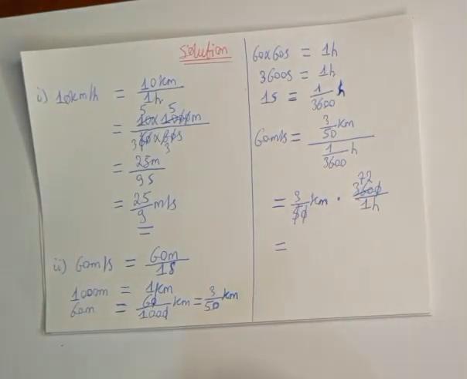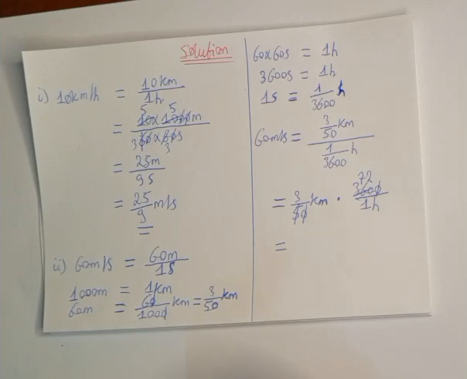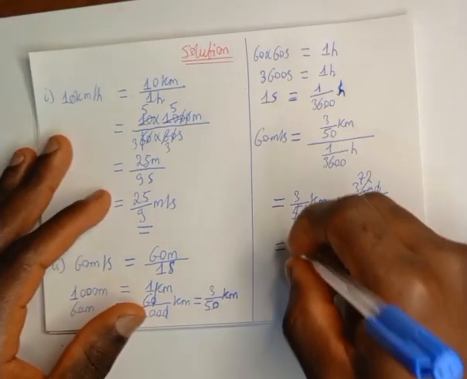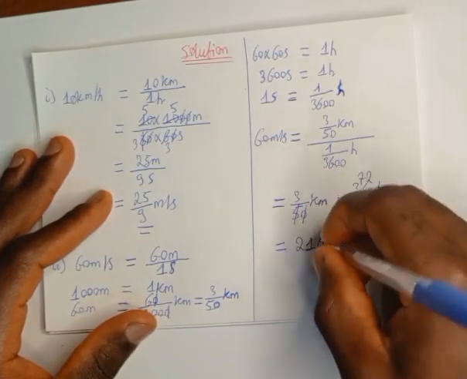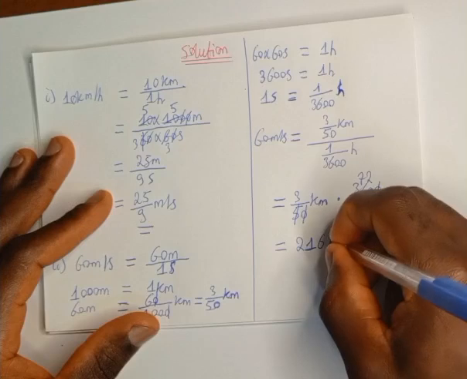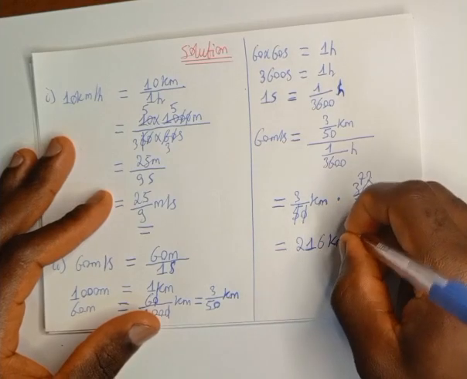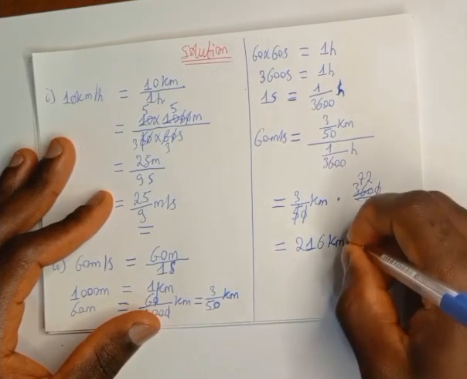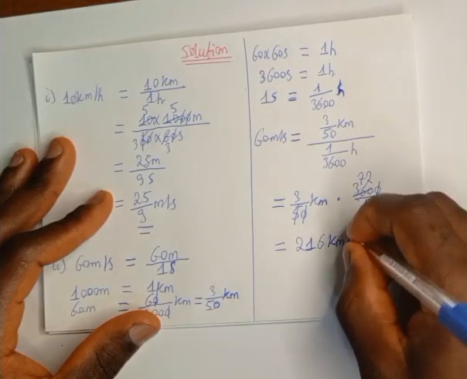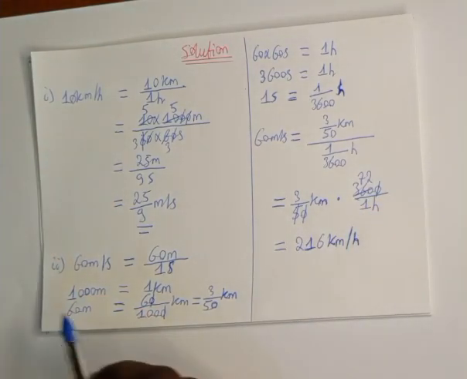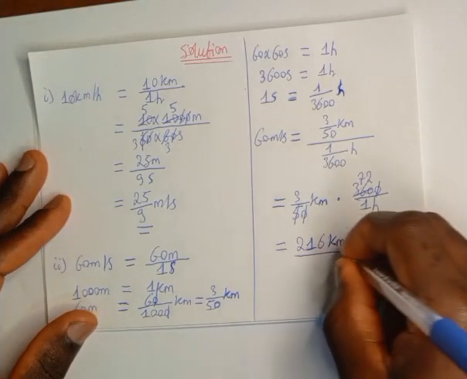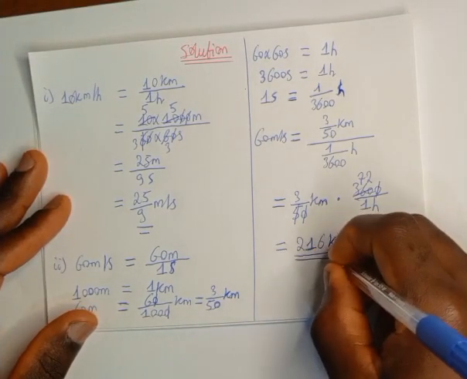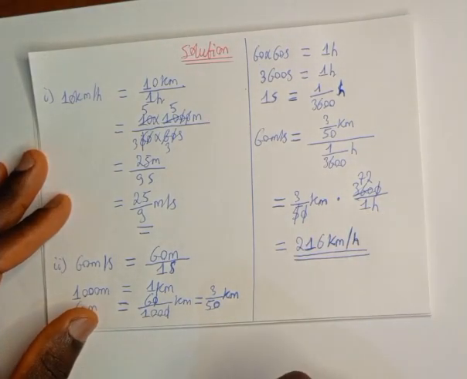This will be equal to 72 times 3, which gives us 216 kilometers per hour. That means an object which moves 60 meters per second will cover 216 kilometers in 1 hour.